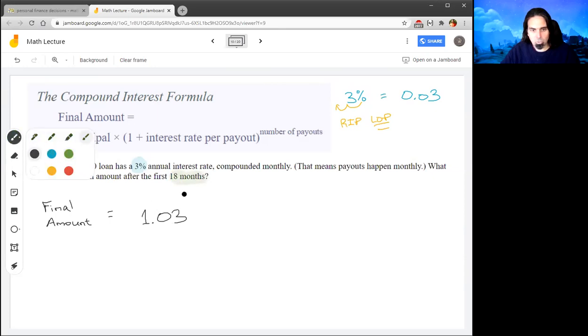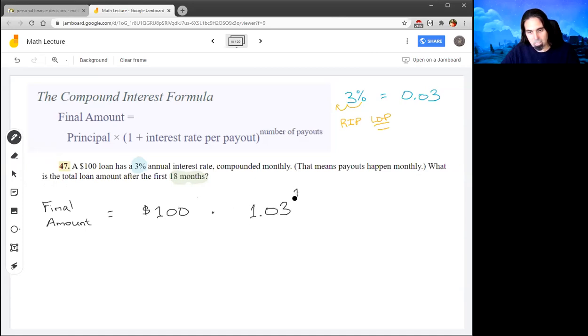So I can just put an 18, whoops. Oh, I'm sorry, I forgot the principal times. I'm getting way ahead of myself. More people in class to yell at me. Okay, the principal times the 1.03 exponent 18.